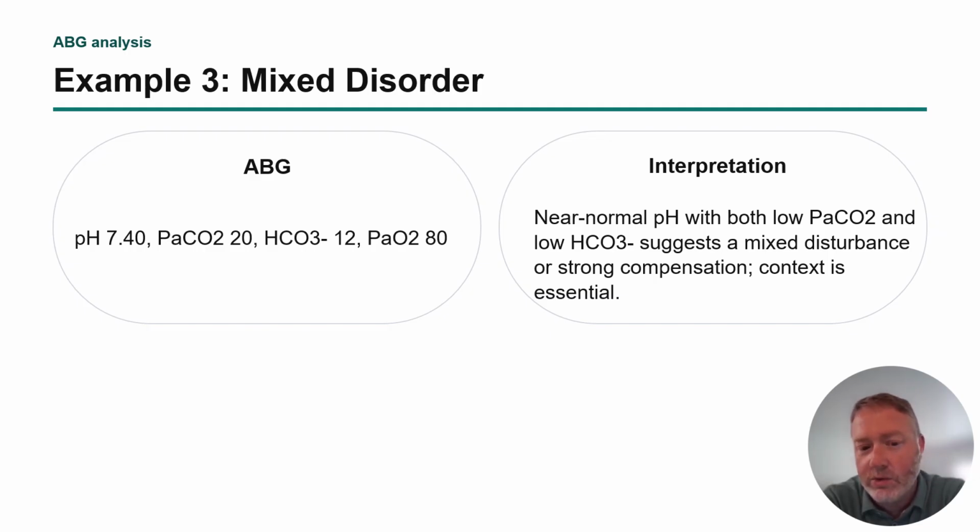And if their CO2 is low, then you can assume that they're chugging to try to compensate. So we've got a near normal pH, or normal in this case, with both low PaCO2 and bicarb. So that is a mixed disturbance or a strong compensation. Context in this case is essential. So if you get a whacked out gas like this, look at your patient. How is the patient presenting?